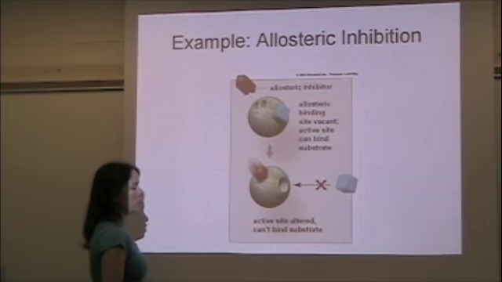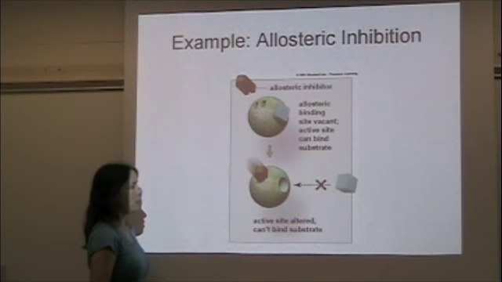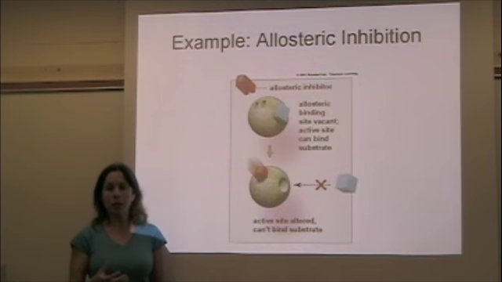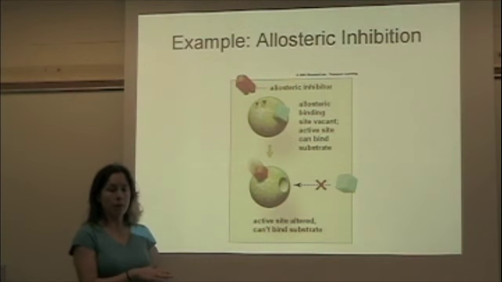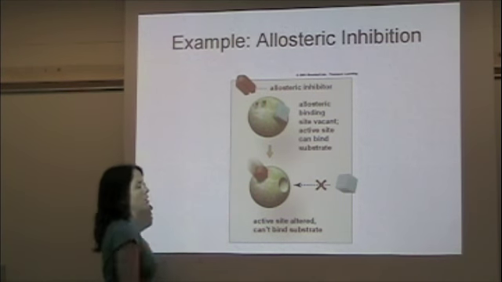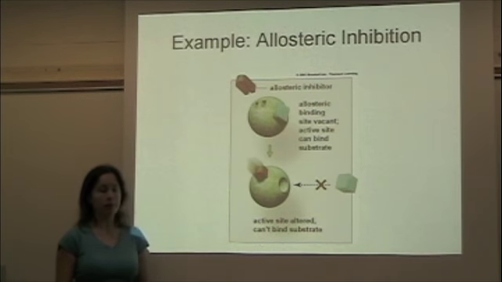In both situations, the active site changes shape. In this case, with allosteric inhibition, it's inhibiting the substrate from binding to the active site and basically turning the enzyme off. It will remain in this off position as long as the allosteric inhibitor is in the allosteric site.